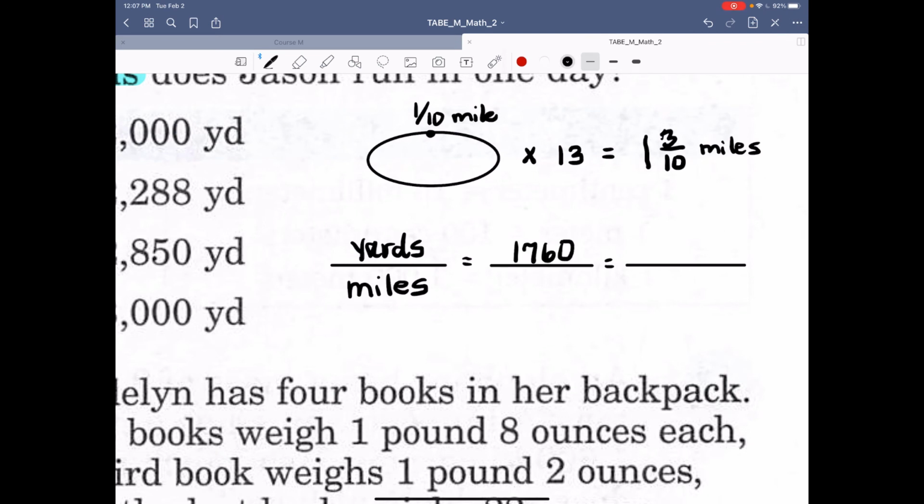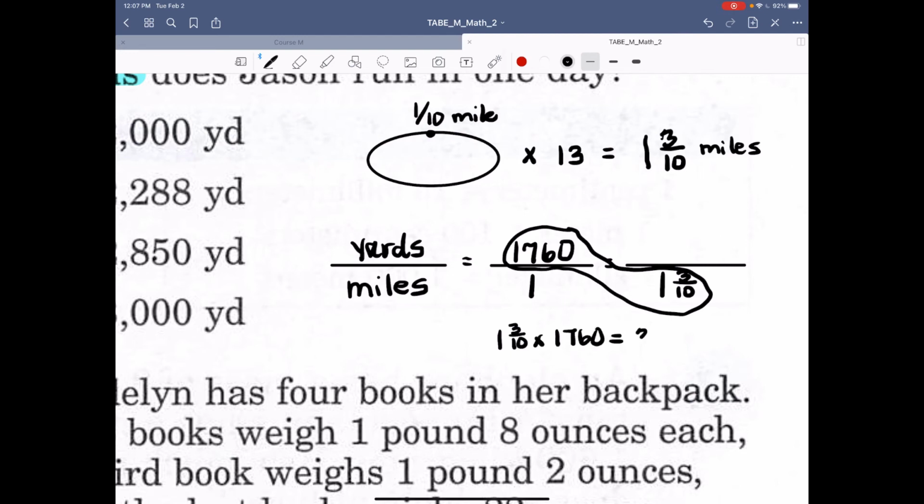1,760 of the yards is equal to 1 mile, and we have 1 3/10 that Jason runs. So again, using your Casio, put that in as a mixed number, times 1760. So I have 1 3/10 times 1760.